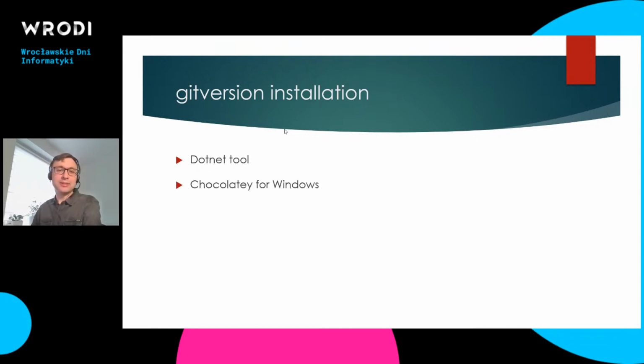You can also install that using Chocolatey. That's a very neat package manager for Windows, and GitVersion is supported there. So you can also have a look. If you are on Mac and Linux, Homebrew is recommended. I haven't been using that because I'm a Windows person.